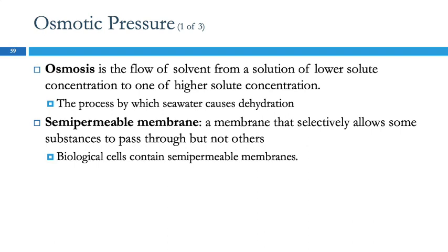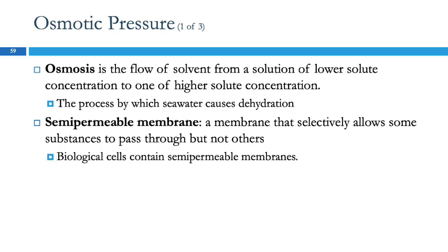The seawater has a higher salt concentration than the fluid in your cells does. And water is able to cross those semi-permeable membranes. And so the solvent is going to move from low concentration to high concentration. It's another one where I remember being confused about that as a student.